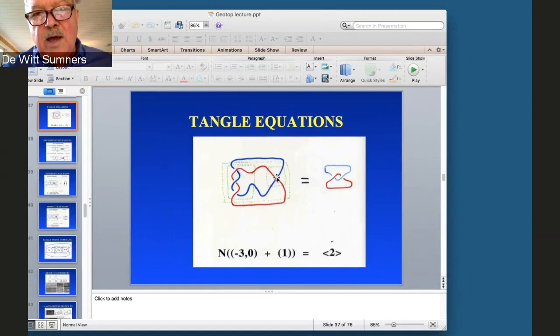And there's the one on the right where I've got the strands crossing. So that's the tangle 1. So I've got the numerator construction applied to the tangle -3,0 plus the tangle 1. And the idea now is to forget all the green balls and just think of it as something in 3-space. When you do that, you get the Hopf link 2. So this is an equation involving the numerator construction on a pair of tangles and a 4-plat on the right-hand side.